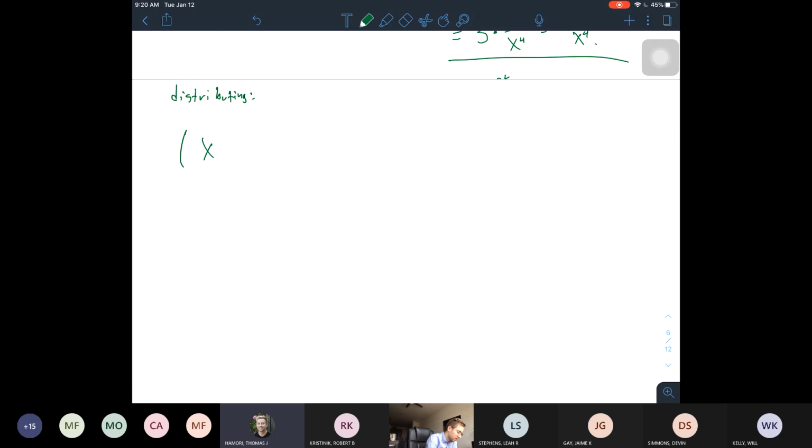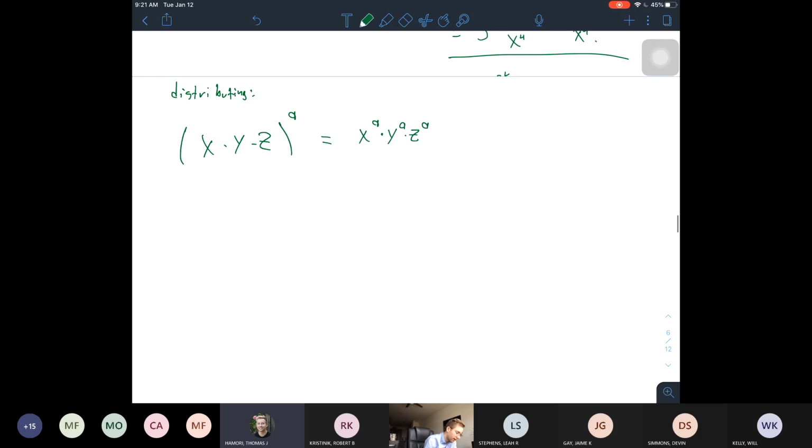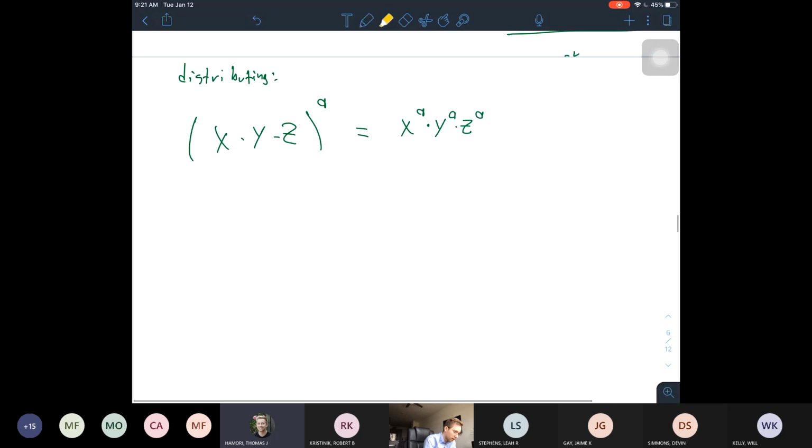If we have parentheses, x times y times z to the power a, if we have these things being multiplied in the parentheses, then we should distribute the power a onto x, y, and z. However, I will give you guys a warning that we can only do this if we're multiplying these things on the inside of the parentheses.